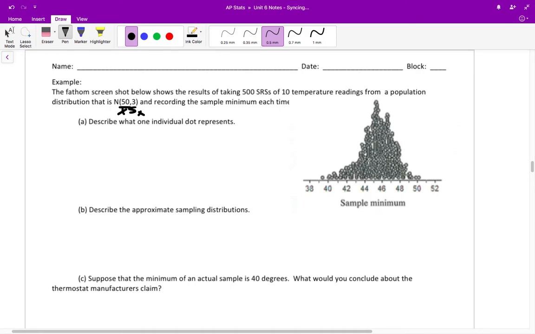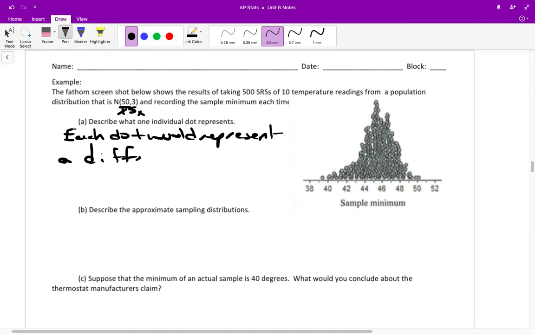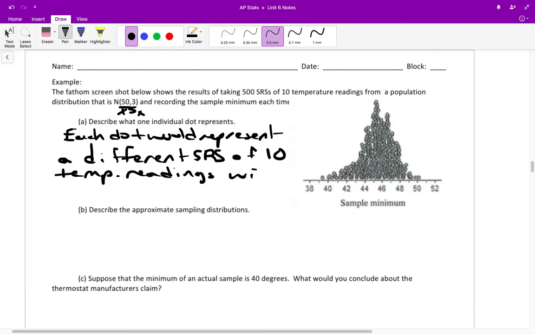So in part A, it asks us to describe what one individual dot represents. Each dot, of which there are a lot, would represent a different sample, a different SRS, simple random sample, of 10 temperature readings, with the minimum as the observed value.